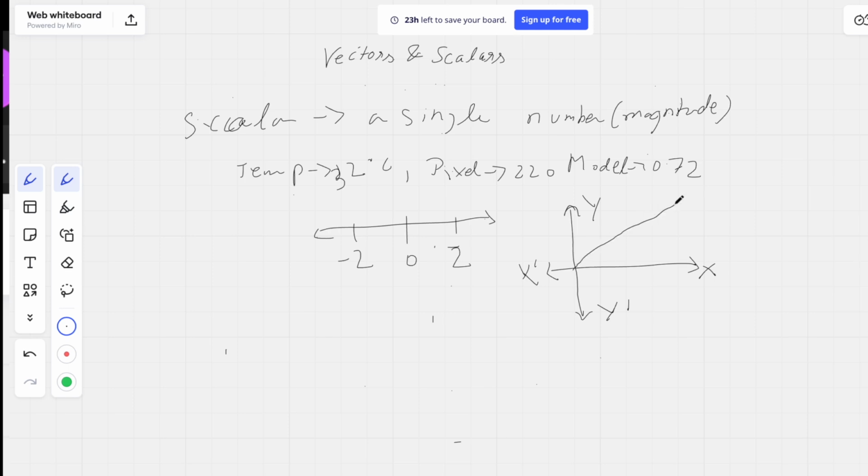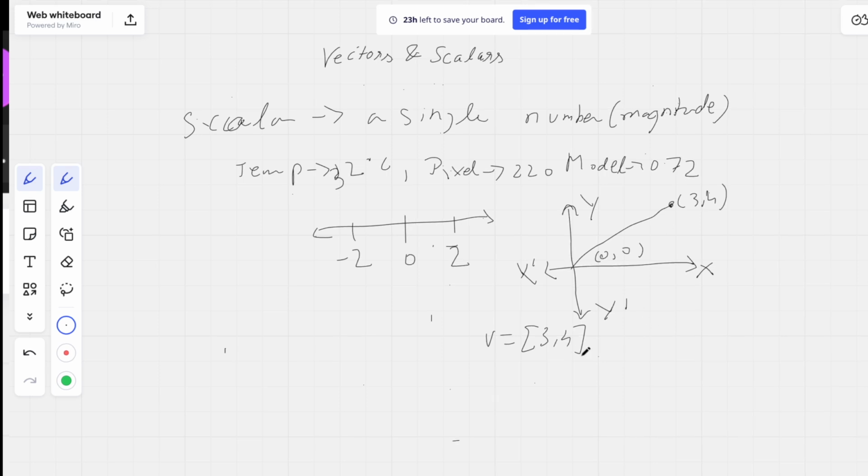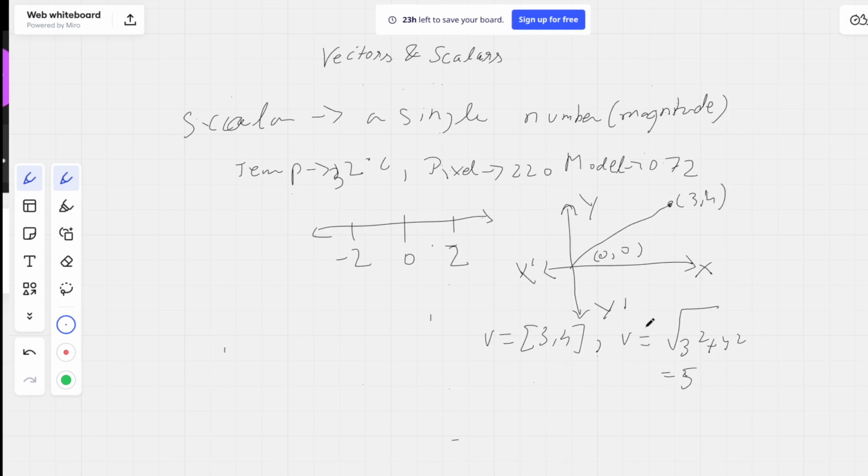Let's draw a line from the origin to the point 3 comma 4, and call this vector v equal to 3 comma 4. A vector is a list of scalars. It points somewhere in space, and it has both magnitude and direction. To find the magnitude, the square root of 3 squared plus 4 squared is equal to 5. Its length is found using the Pythagorean theorem. We call it the vector's norm or magnitude.